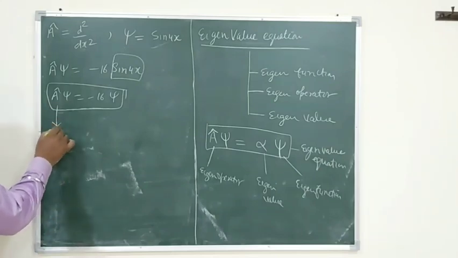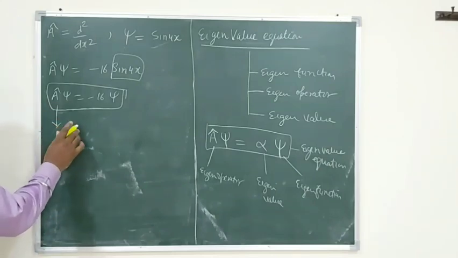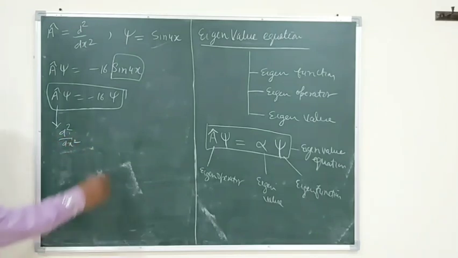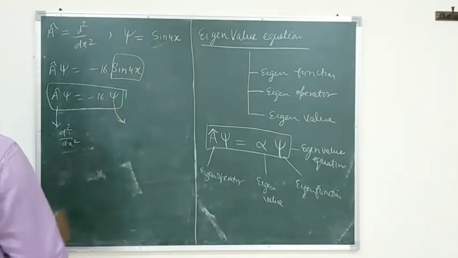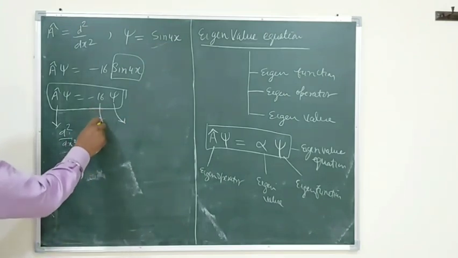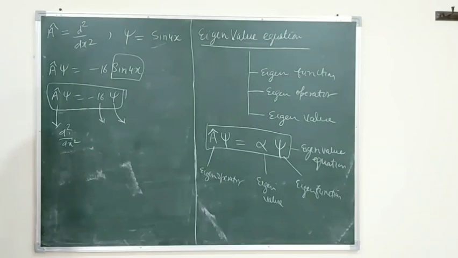A cap, which is the second order derivative, is an eigen operator. Psi, that is sine 4x, is an eigen function, and minus 16, the constant value that I obtain after this result, is our eigen value.